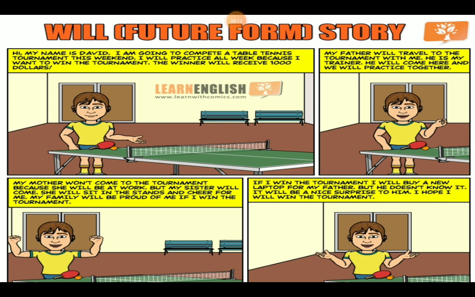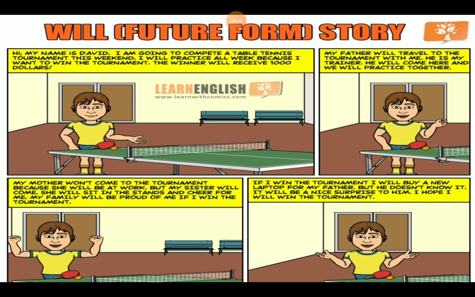I'll read this out. Hi, my name is David. I'm going to compete in a table tennis tournament this weekend. I will practice all week because I want to win the tournament. The winner will receive $1,000. Look at these sentences.